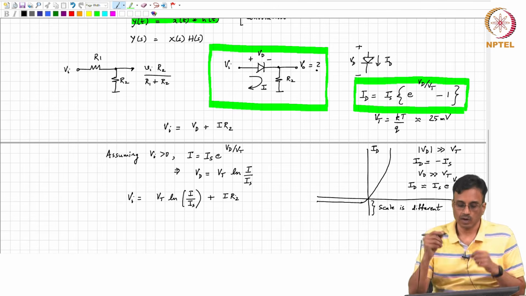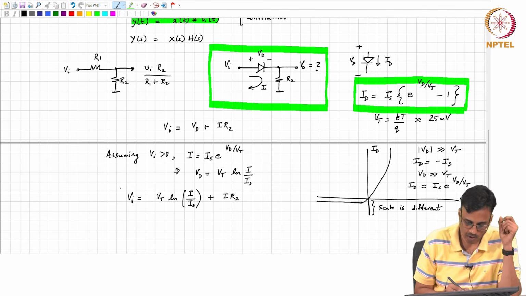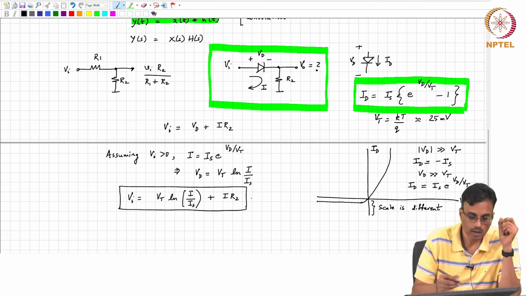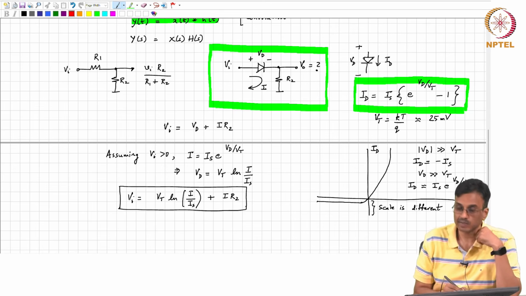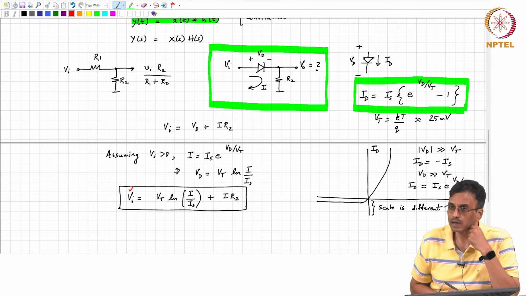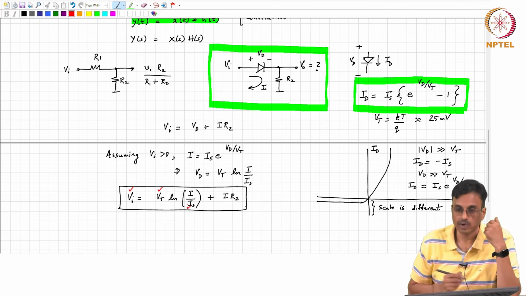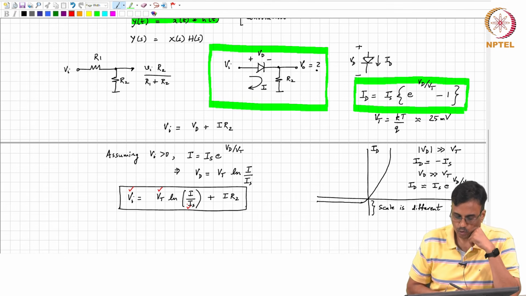So, what are all the known quantities here and what are unknown? Vi is known, this is the applied voltage. What about Vt? Known. Is? It's known because we know the property of the diode. I is unknown. What about R2?